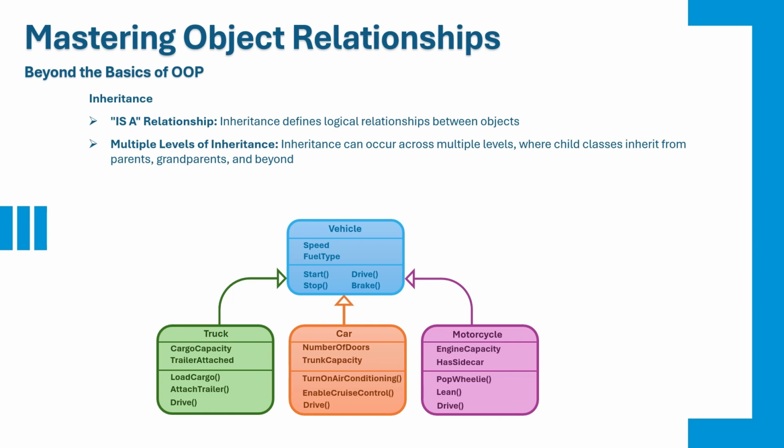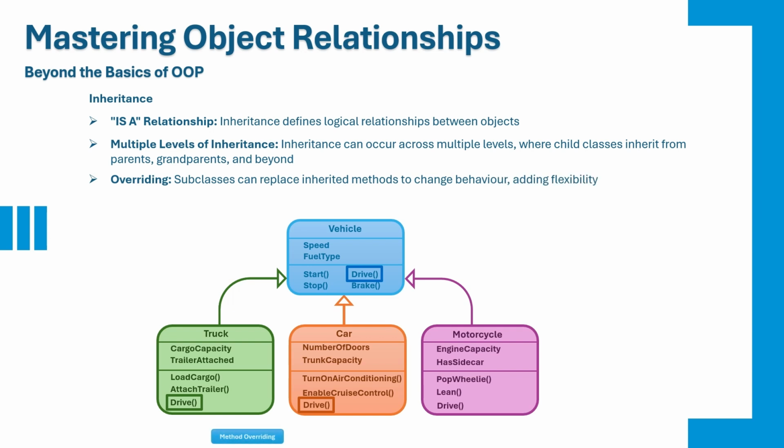Let's say the vehicle class has a drive method, but we want some subclasses to handle driving differently. The car class might override the drive method to include two-wheel drive, while the truck class could need to implement a multi-axle drive system. This is called overriding. This gives us flexibility to customize behaviors in each child class without changing the base class.